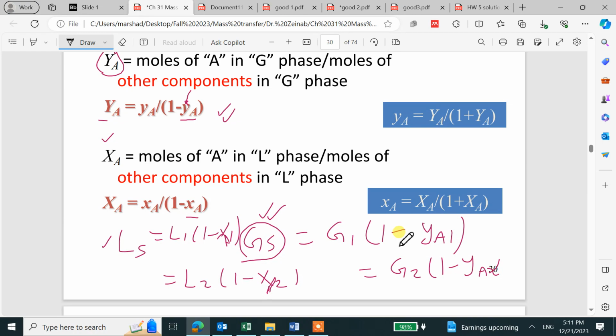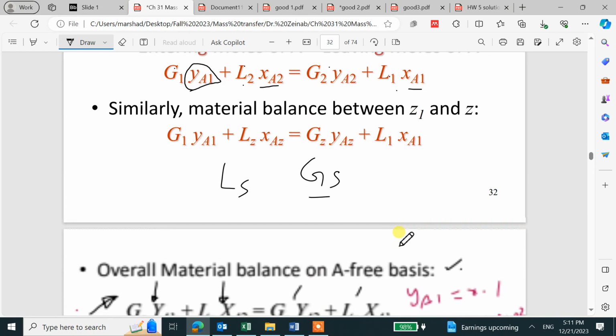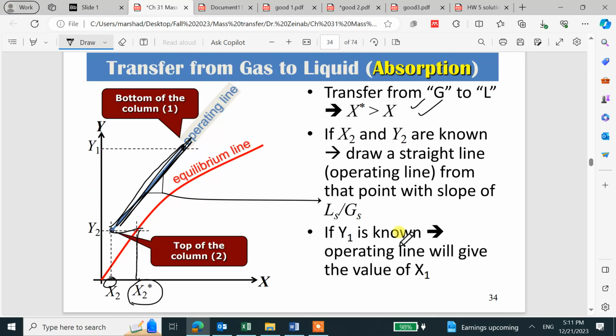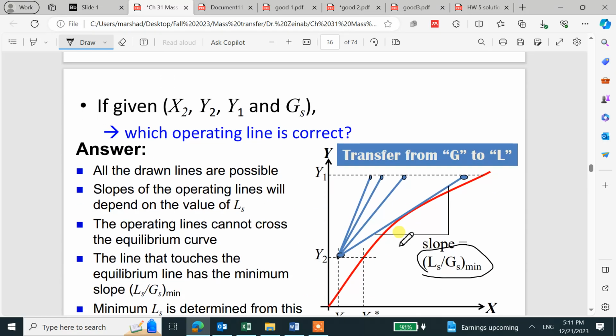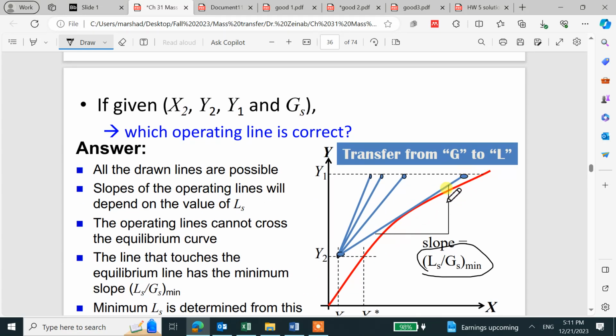So what is that? The minimum will be this.